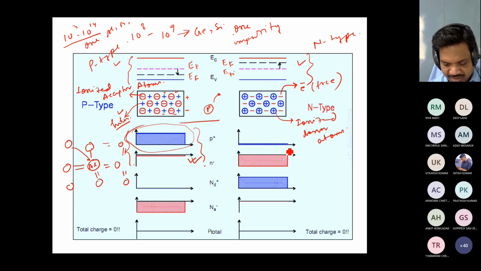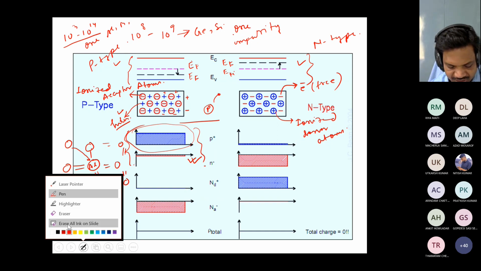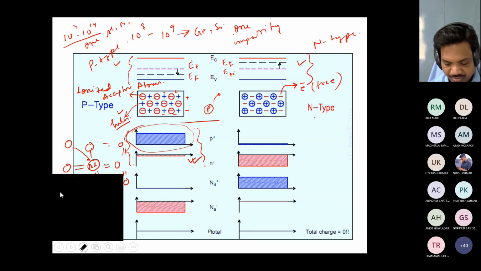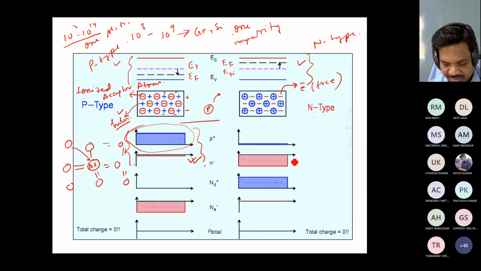And similarly, you see the case of n-type semiconductor. What would happen for an n-type semiconductor? Mostly, what charge carriers will be there? Negative charges would be there.